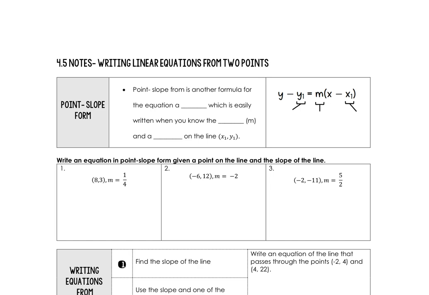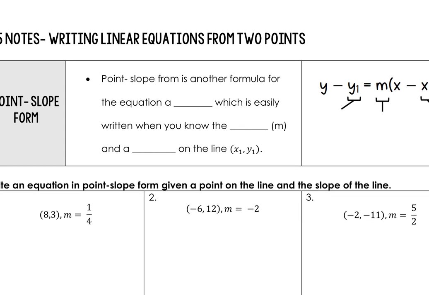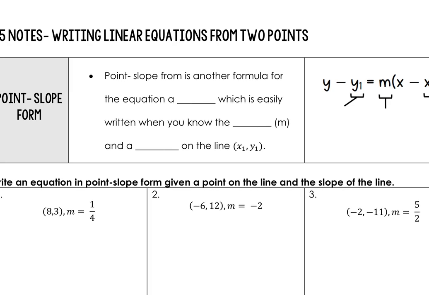Before we talk about writing the equation, we have to talk about this new form of a linear equation, this point-slope form. Point-slope form is another formula for the equation of a line which is easily written when you know the slope and a point on the line.